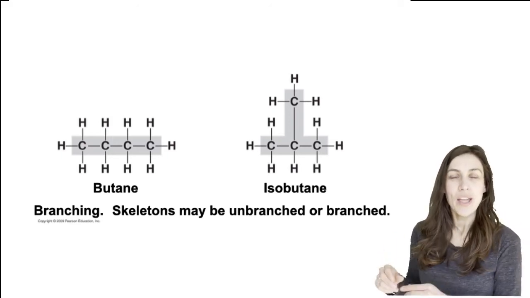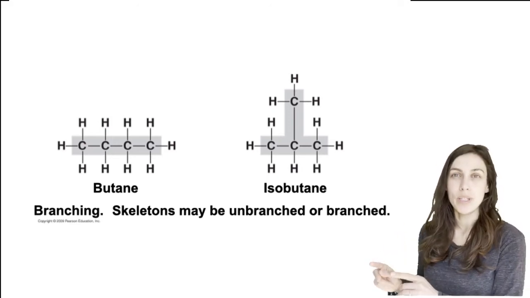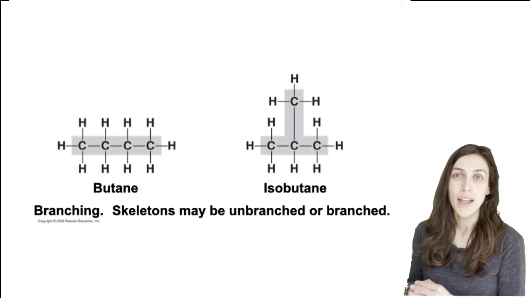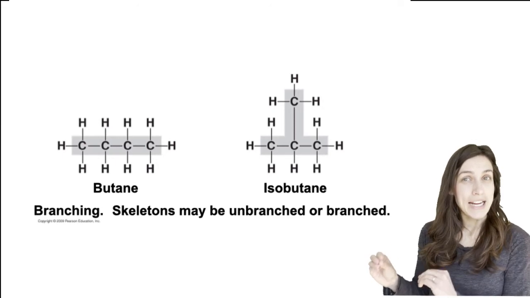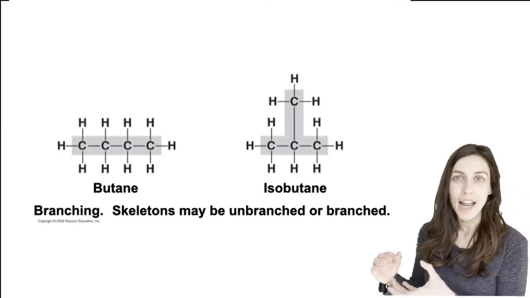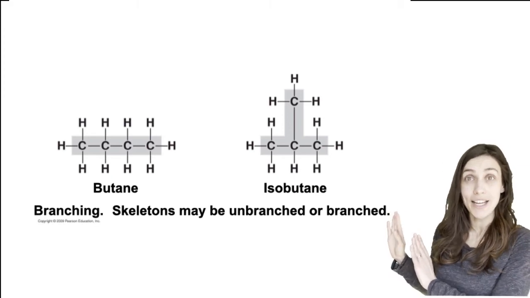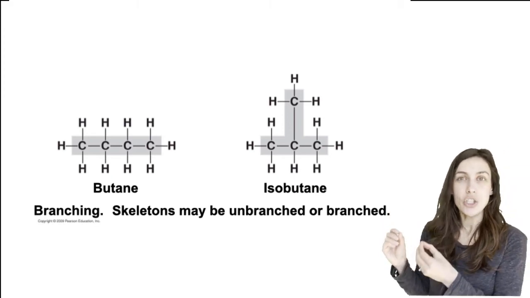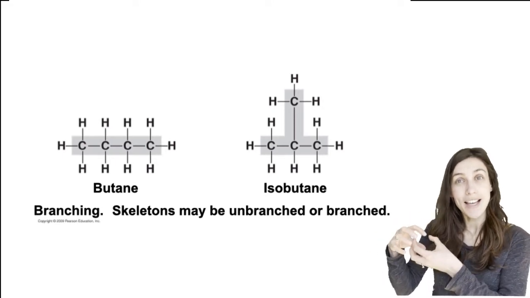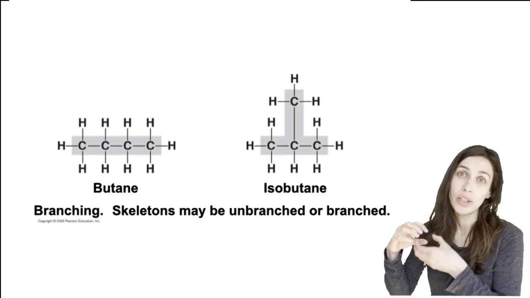Notice that both butane and isobutane have 4 carbons and 10 hydrogens. But they are connected differently, and therefore they have a different shape. And again, everything's presented flat here, but in reality, each of these atoms is a tiny sphere, and the way that they share electrons makes the spheres overlap with each other.